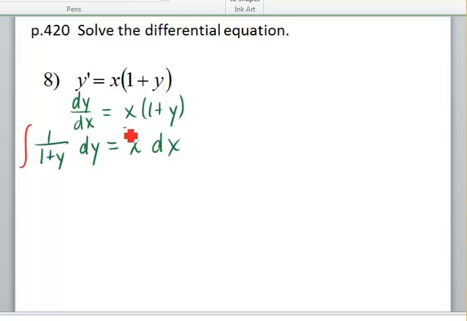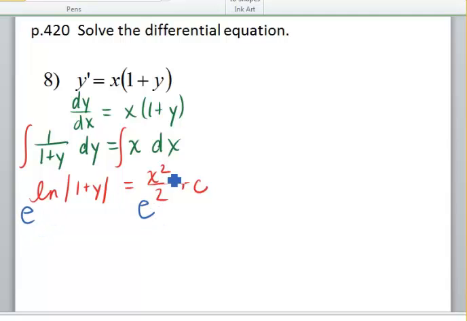Ready to integrate. This is an ln. I end up getting ln of 1 plus y equals x to the second over 2 plus c. What I want to do now is, I will never get an answer to match this. What they're going to want you to do is e both sides.